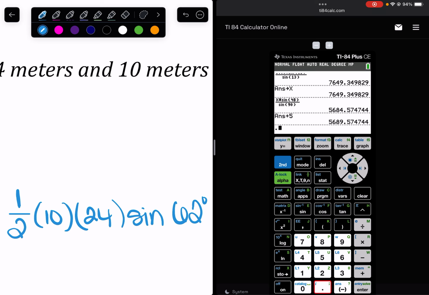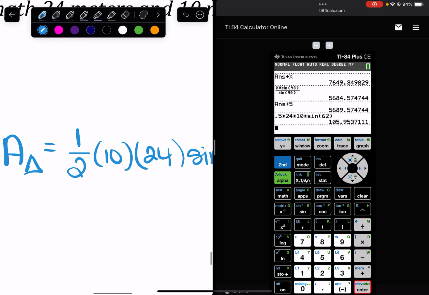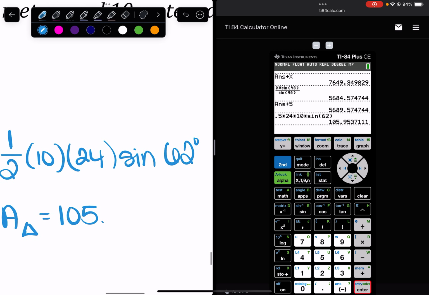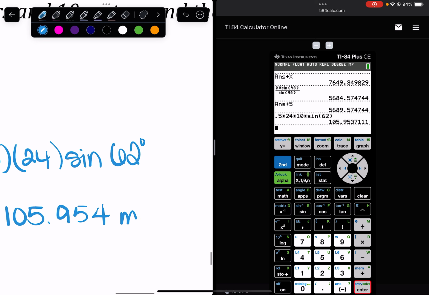In our calculator, we go 0.5 times 24 times 10 times the sine of 62. So our area is 105 point, I like 3 decimals, so 954. I was given units, so I want to make sure I use my units, meters squared.